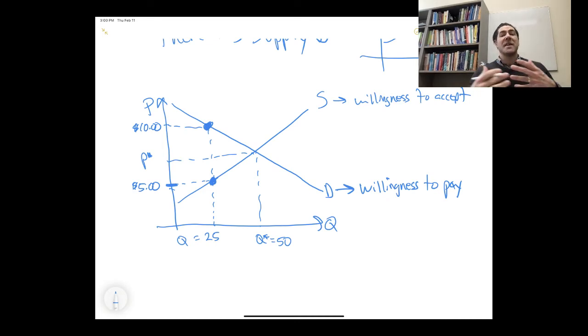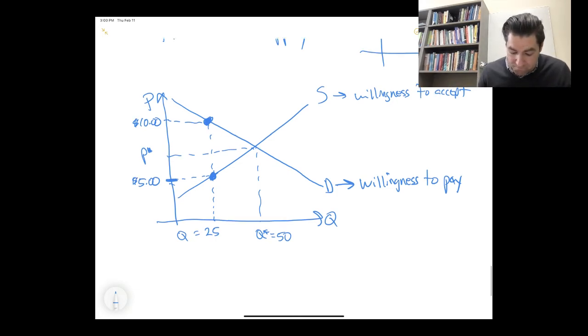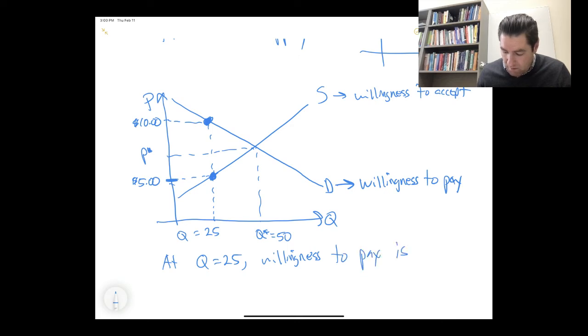So I can be given this information in a lot of different ways. I might tell you, when the quantity is 25, willingness to pay is $10 and willingness to accept is $5.